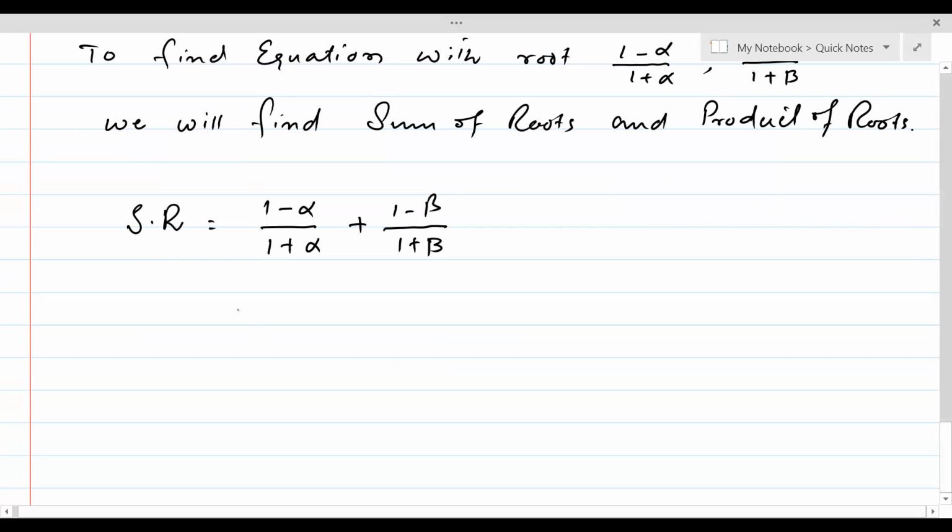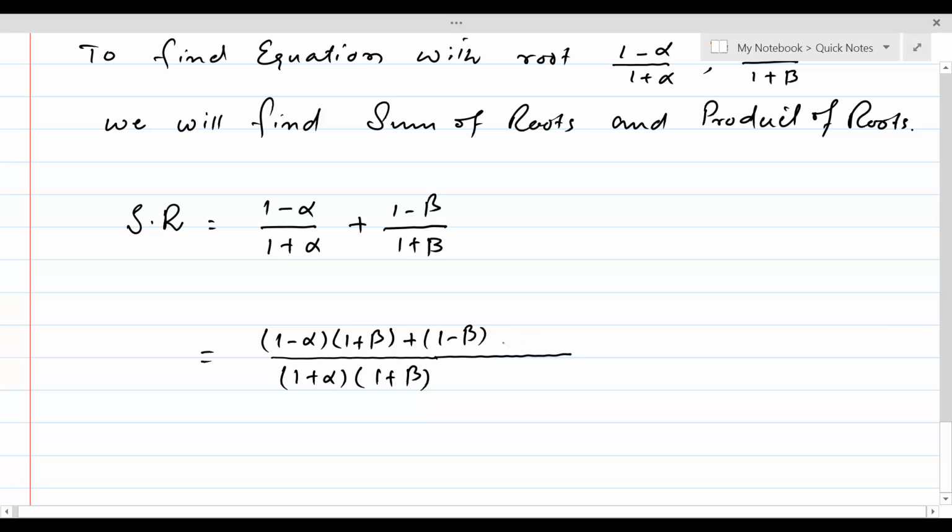And we can take LCM. If we take LCM, that will give us 1 plus alpha, 1 plus beta. Here 1 minus alpha times 1 plus beta plus 1 minus beta times 1 plus alpha.